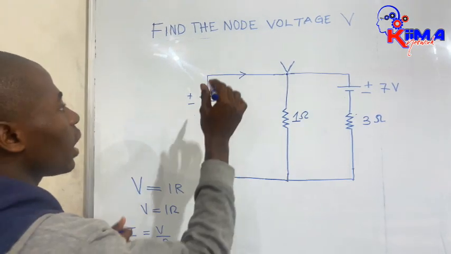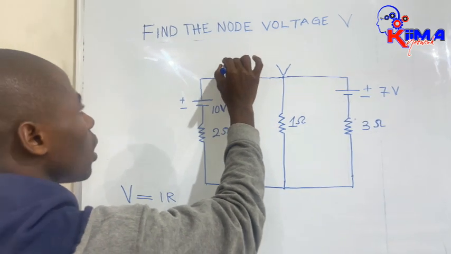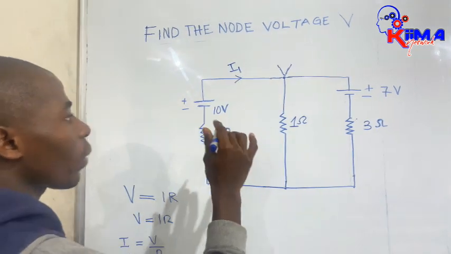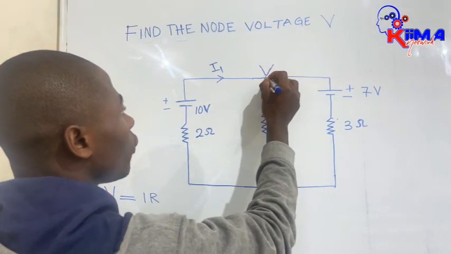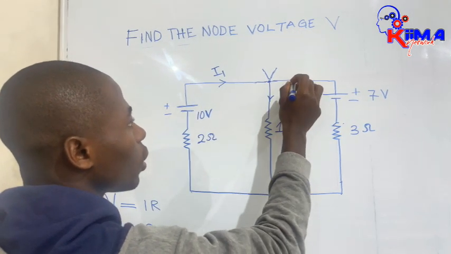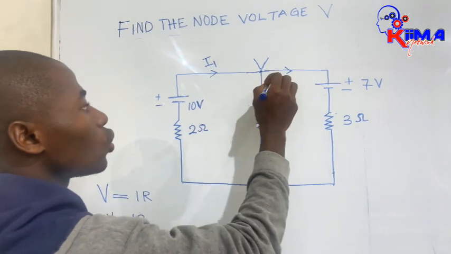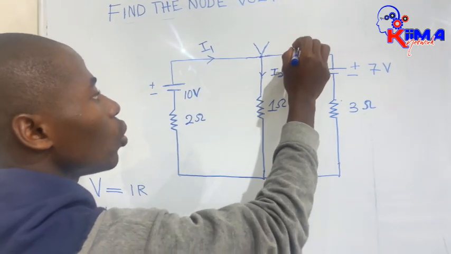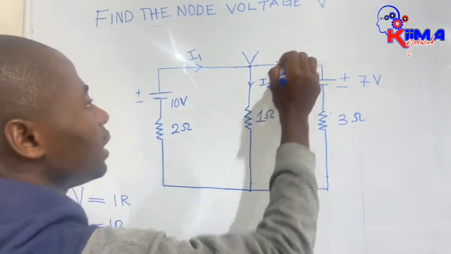So let's assume the current in this circuit is I1. If it comes here, current will go this way and this way. We'll consider these to be I2 and I3.